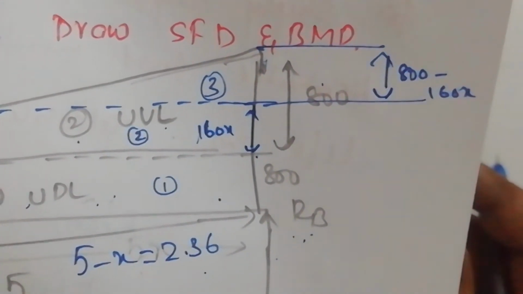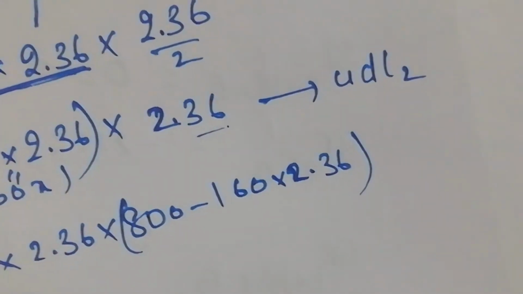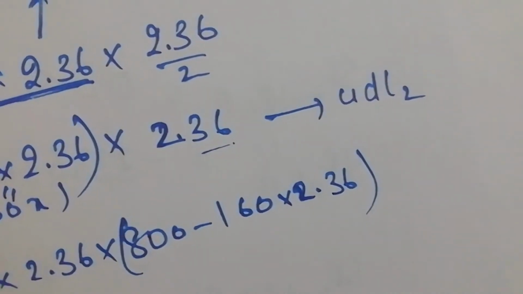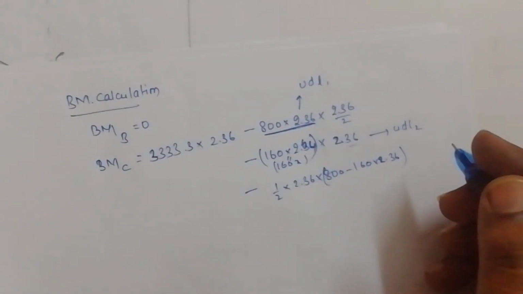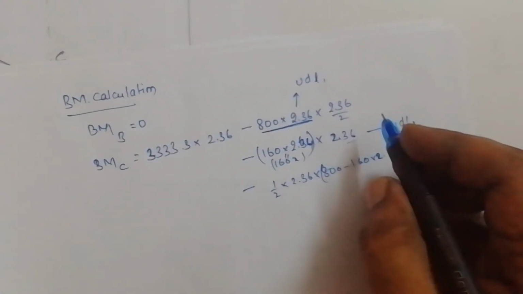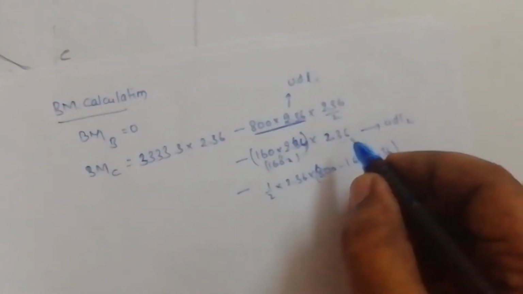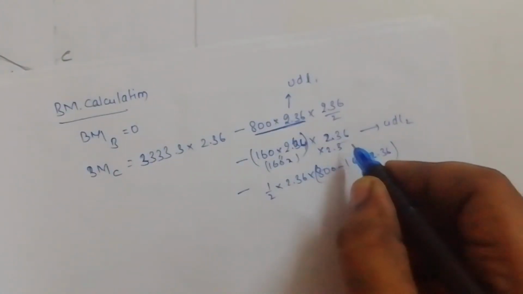So I am writing 800 minus 160 into x value is 2, sorry, x value is 2.64. I have to write it 2.64. Sorry, so 2.64. This is 2.36, correct? Okay. Here again I have to multiply 2.36 by 2.